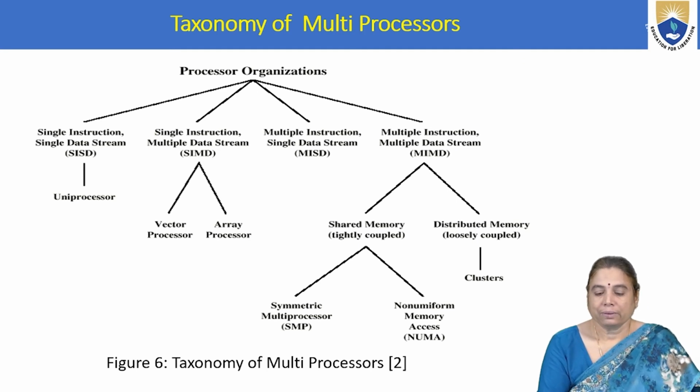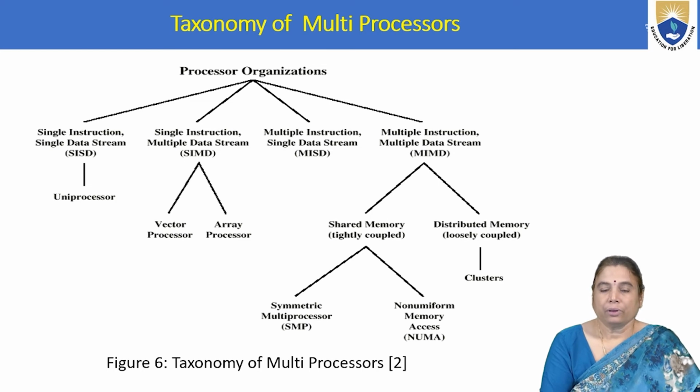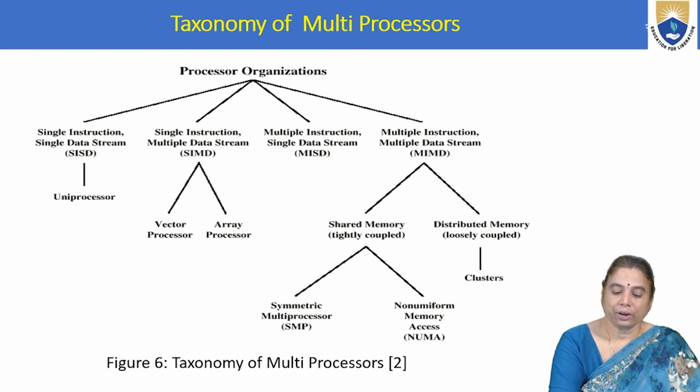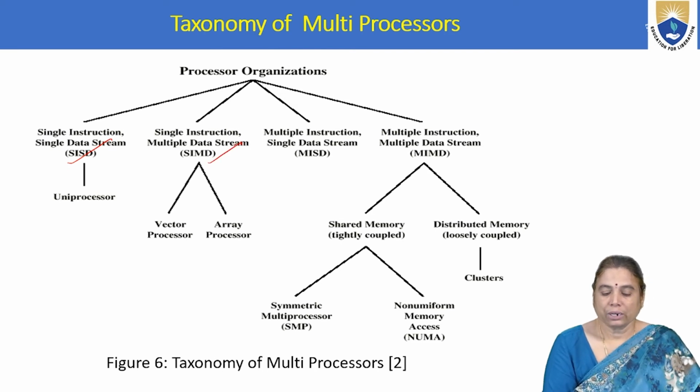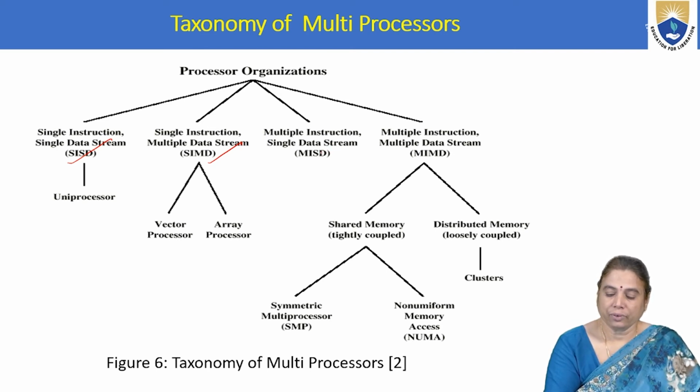Now we have to discuss the taxonomy of multiprocessors. Here first, processor organizations are classified into 4 types by Flynn. The 4 types of architectures are SISD, single instruction single data stream. Second is SIMD, single instruction multiple data stream. Third is MISD, multiple instruction single data stream.